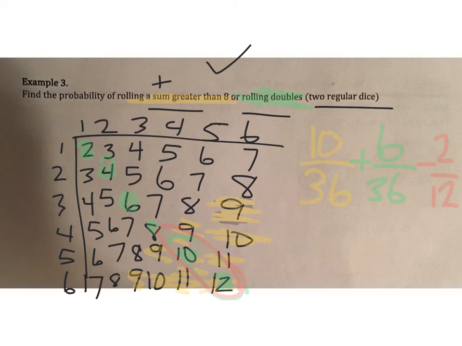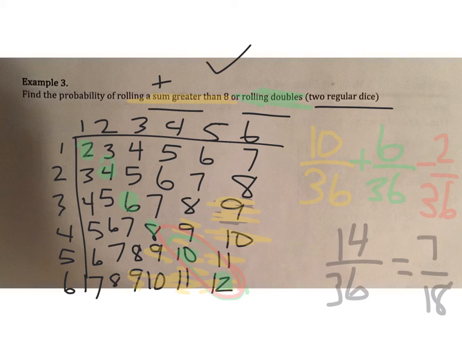So I would have 10 out of 36 plus 6 out of 36 minus 2 out of 36. So that's going to give me 14 out of 36. And remember, you can reduce to lowest terms, like both numbers here are even. So I could divide top and bottom by 2 to get 7 out of 18, right?